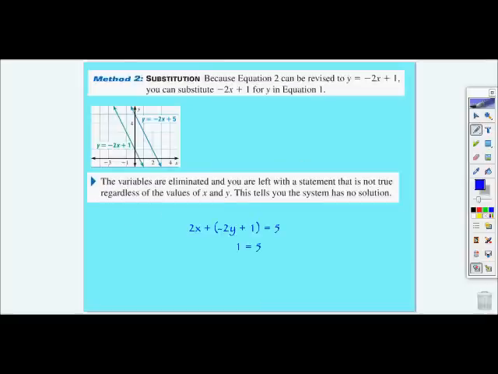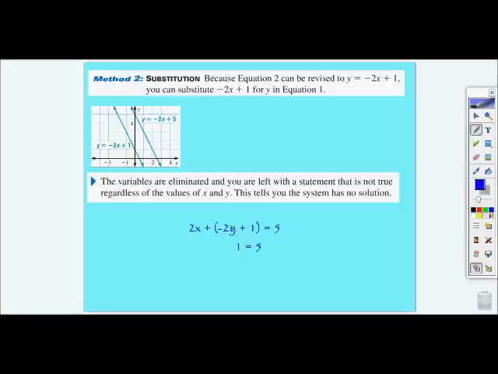Another method would be to substitute. Because equation 2 can be revised to y equals -2x plus 1, you can substitute -2x plus 1 for y in the first equation. When we do that, the variables you are left with are a statement that is not true.